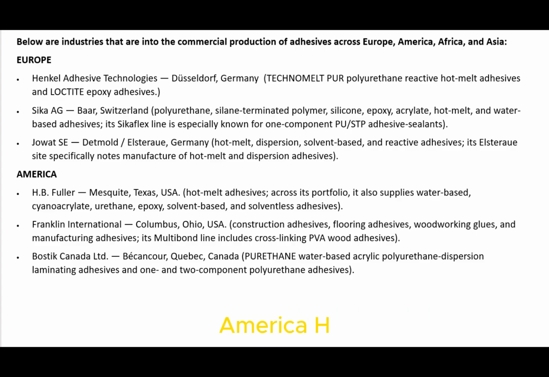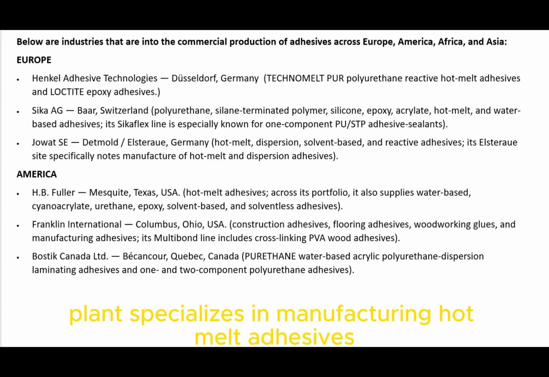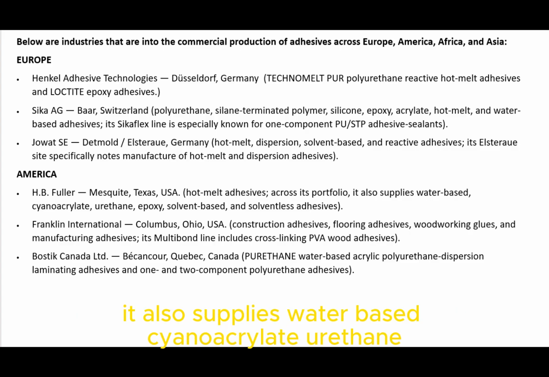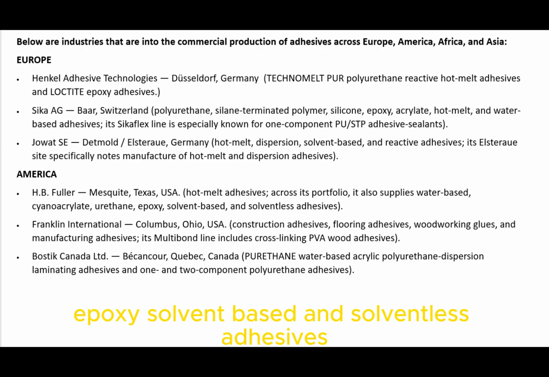America. H.B. Fuller, Mesquite, Texas, USA. H.B. Fuller states that its Mesquite plant specializes in manufacturing hot melt adhesives. Across its portfolio, it also supplies water-based, cyanoacrylate, urethane, epoxy, solvent-based, and solventless adhesives.